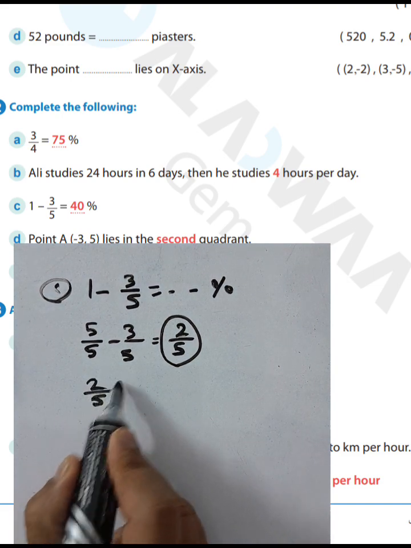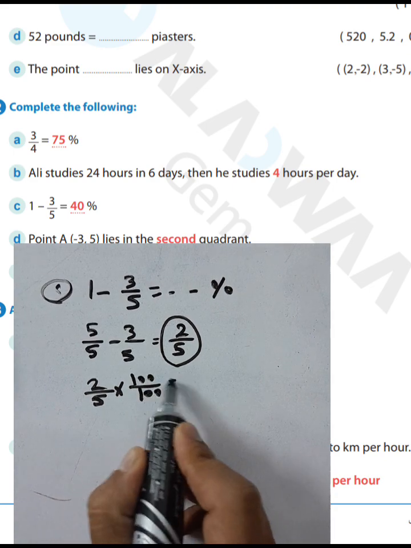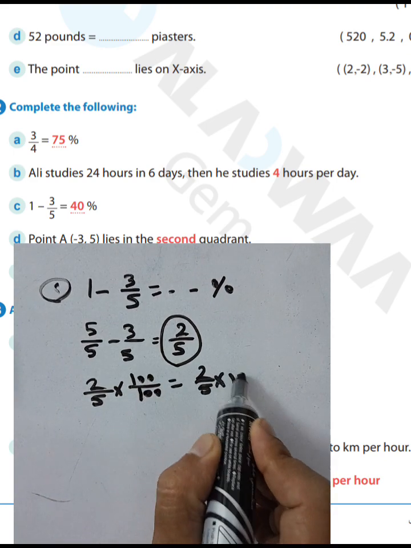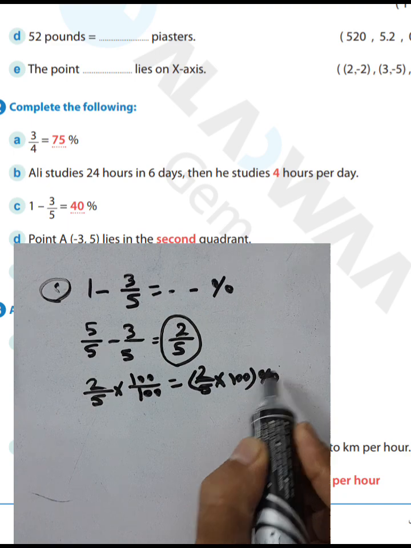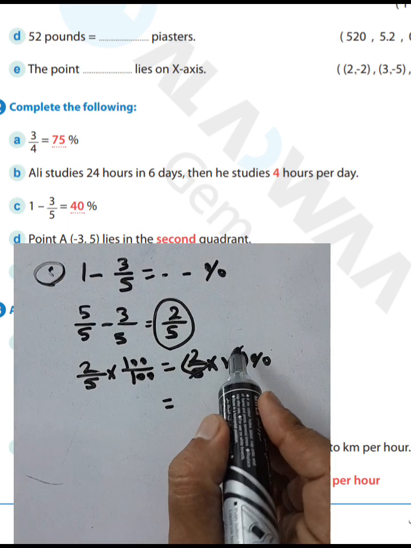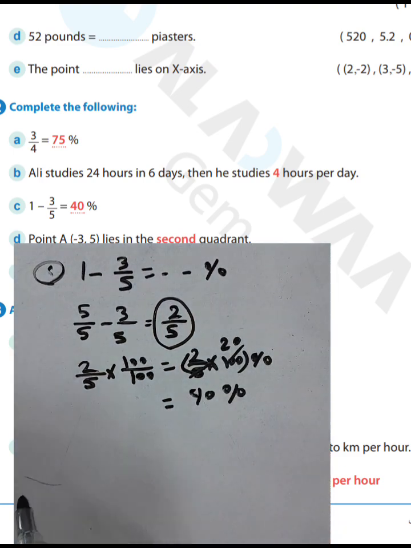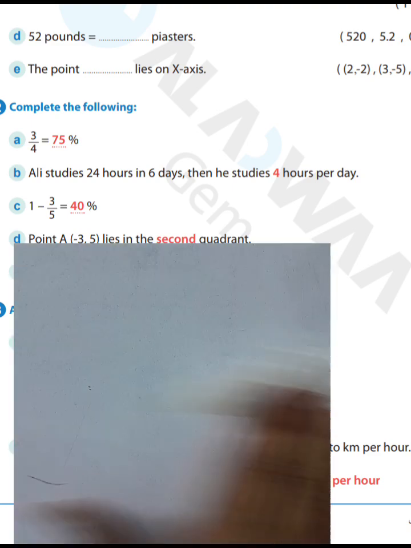You can convert this fraction to percent by multiplying by 100/100. Write 2/5 times 100 percent. Okay, and then 100 divided by 5 equals 20. 20 times 2 equals 40. Then the result will be 40%.